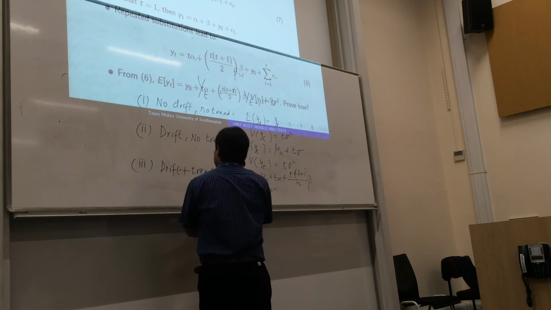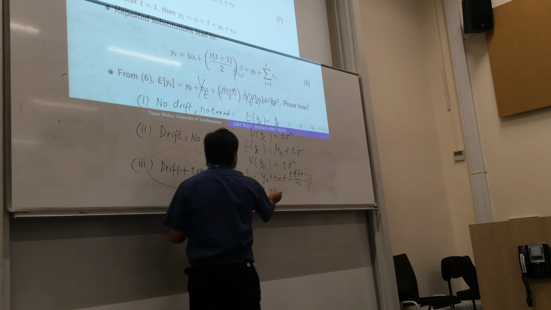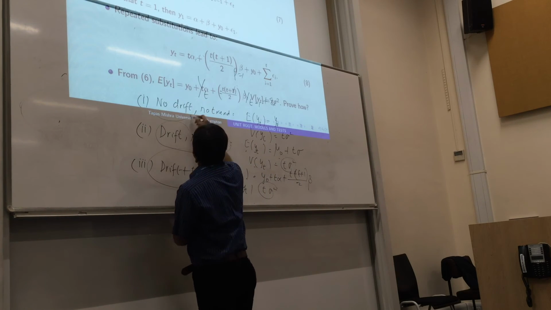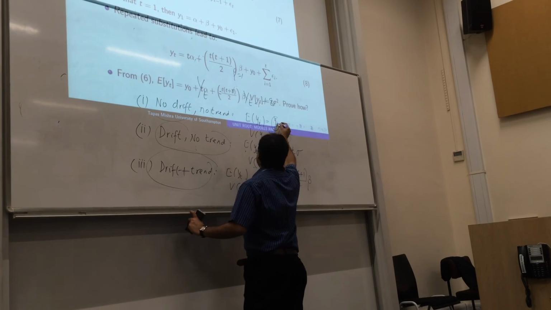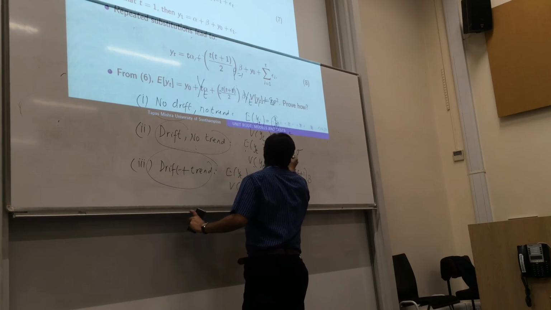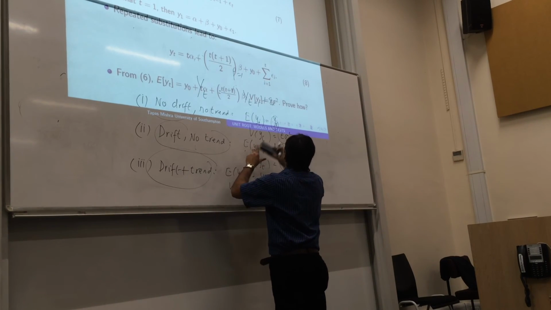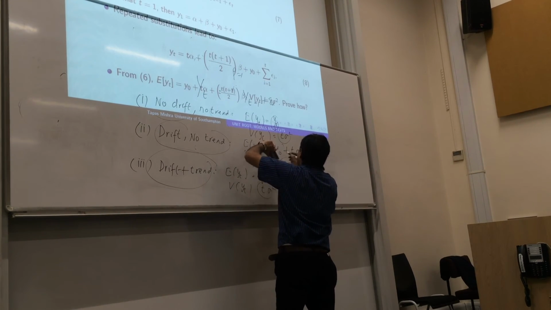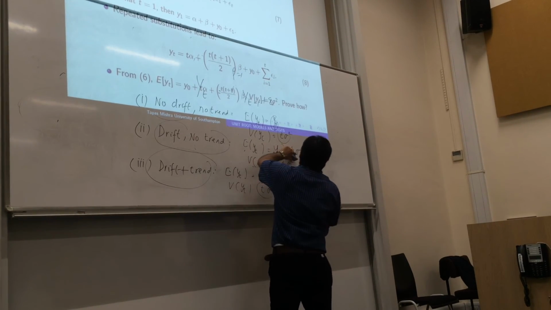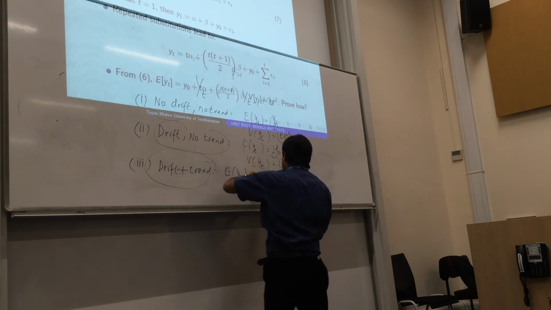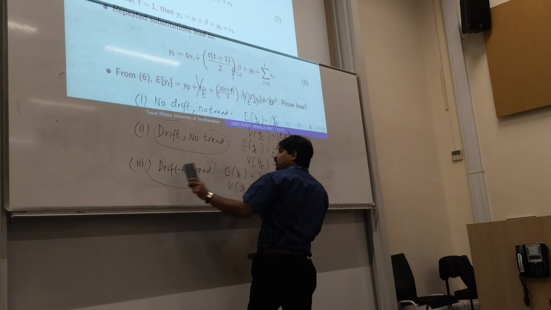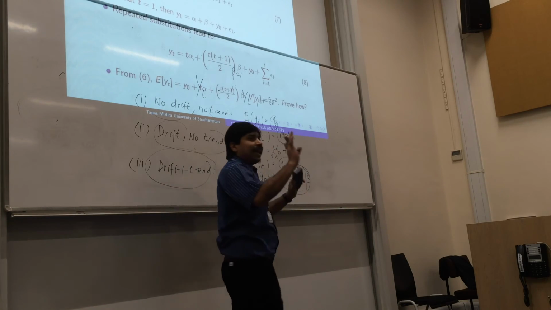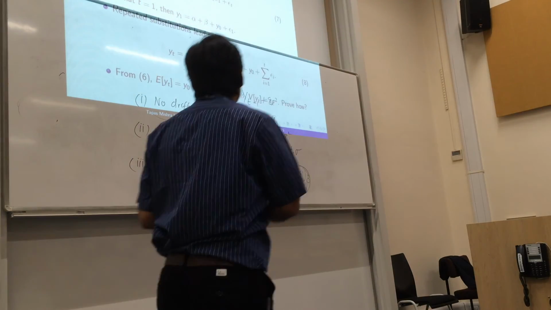So you can see in each case, drift plus trend, t sigma square; drift, no trend, variance t sigma square; no drift, no trend, variance t sigma square. That does not change. The only change is in the mean: y0 with no trend, no drift; y0 plus t alpha for drift, no trend; then y0 plus t alpha plus some function of the trend for drift and trend. A question may come in the exam something like this.